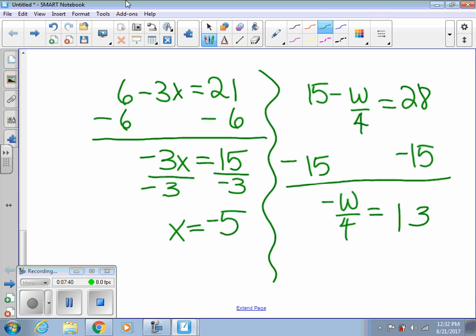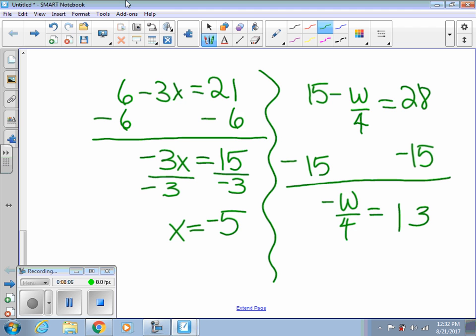All right. So I have negative w over 4. I'm trying to get w by itself. So what do I need to get rid of? Braden. The denominator 4. Yes, we got to get rid of the denominator 4 and the negative. So if you look at this, that is w divided by 4.